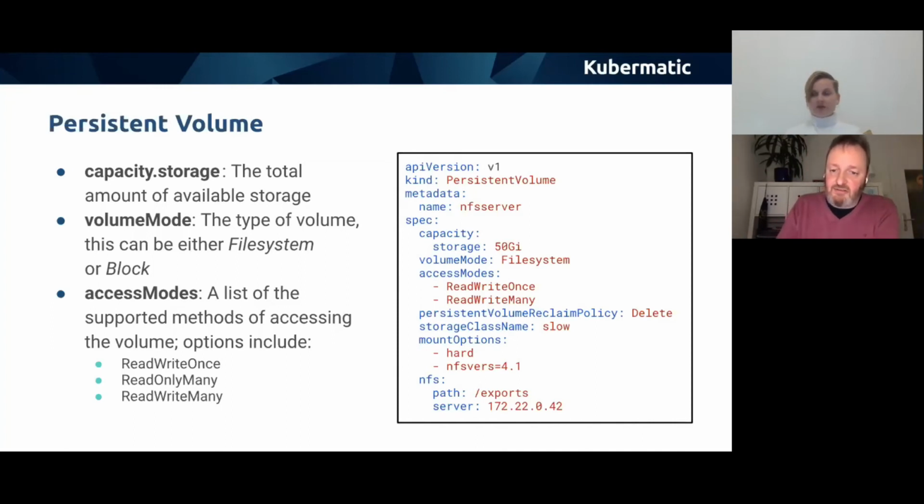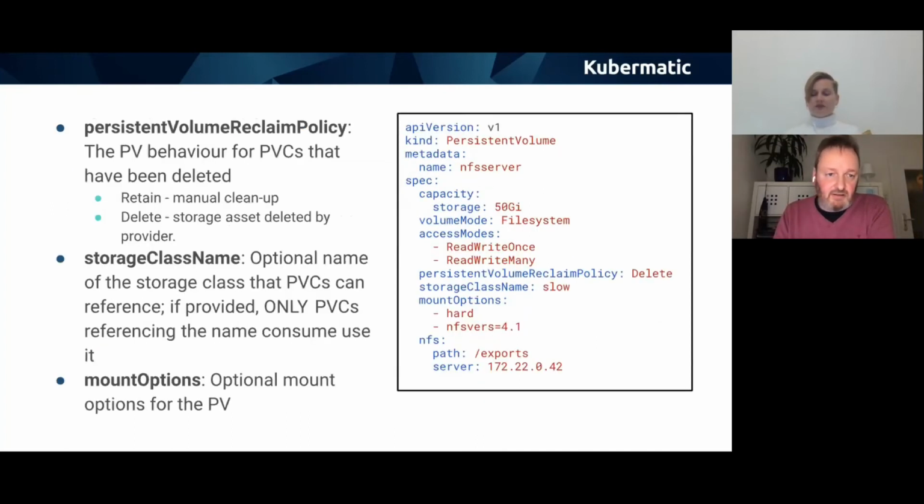On the right side, the persistent volume reclaim policy, which here is delete, which means, as I've got it on the next slide, the volume shall be deleted once the PVCs have also been deleted.